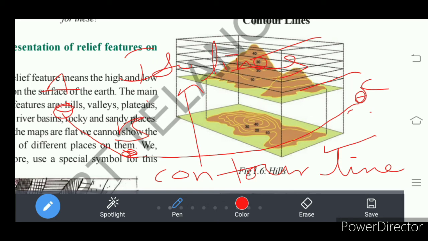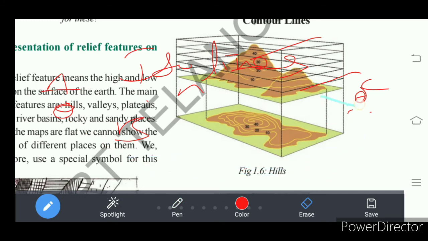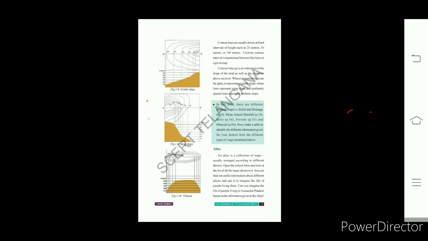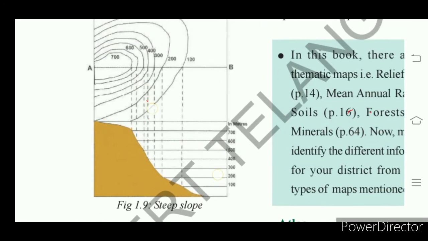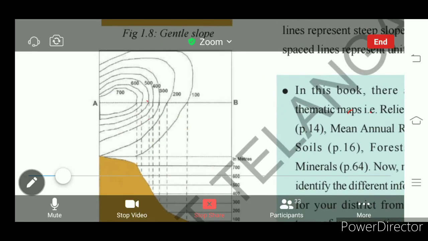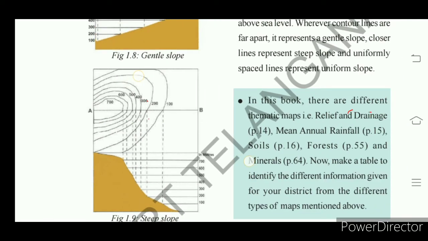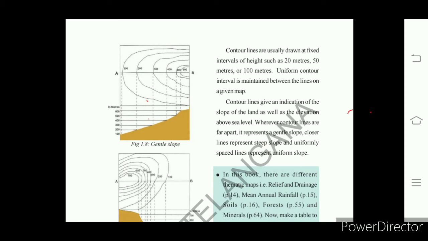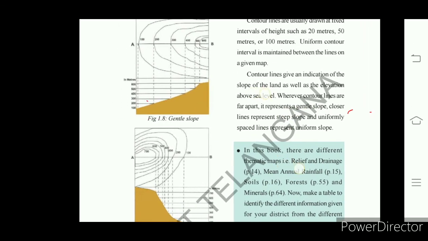Lines showing the places at equal height are called contour lines or isolines. Now look here. This is a map showing different places using the contour lines. What do you see here?